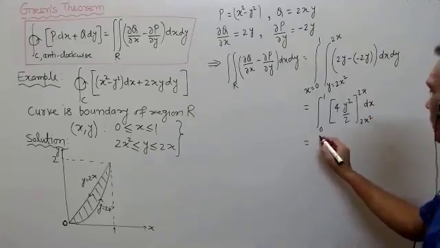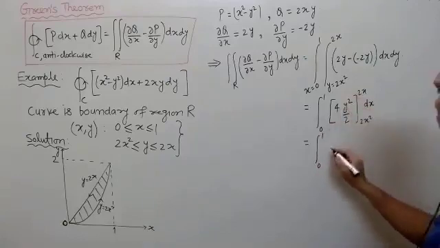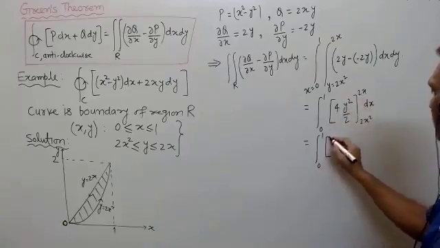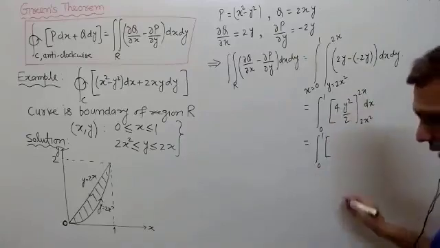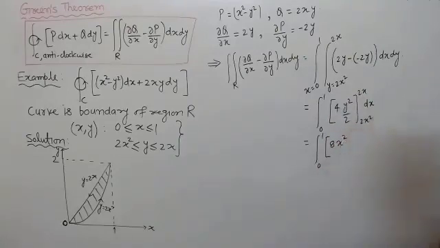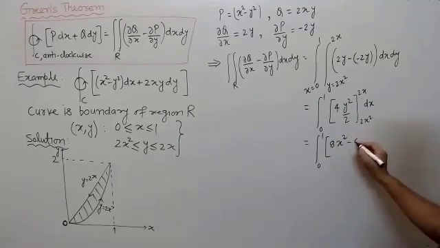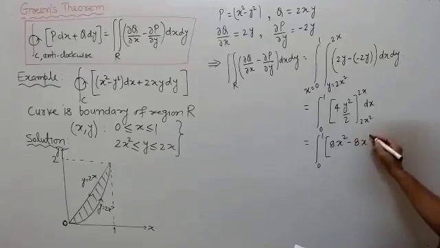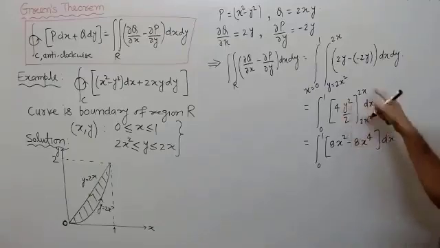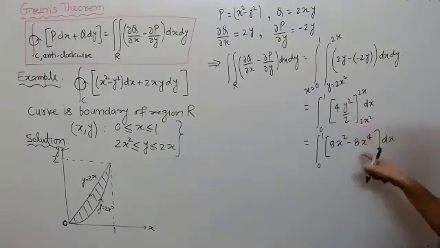So this will give you x 0 to 1, this is 2y square. So that will give you 8x square and minus of 8x power 4 dx. Because y square will give you 4x square and this will give you 4x power 4.